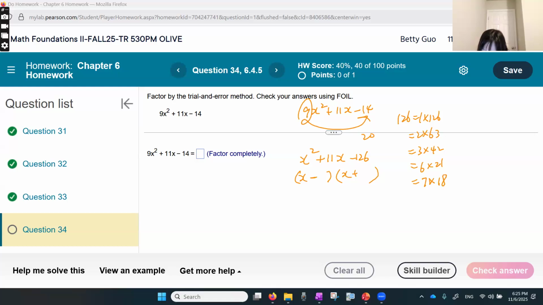There we go. I got it. So it's a positive 18, negative 7.